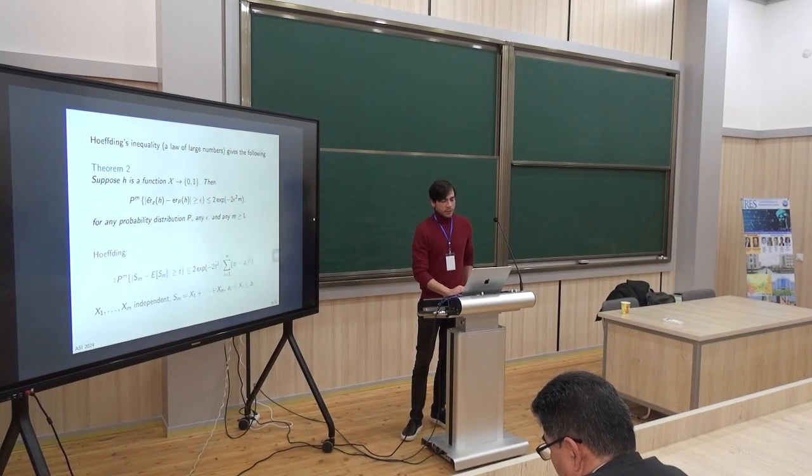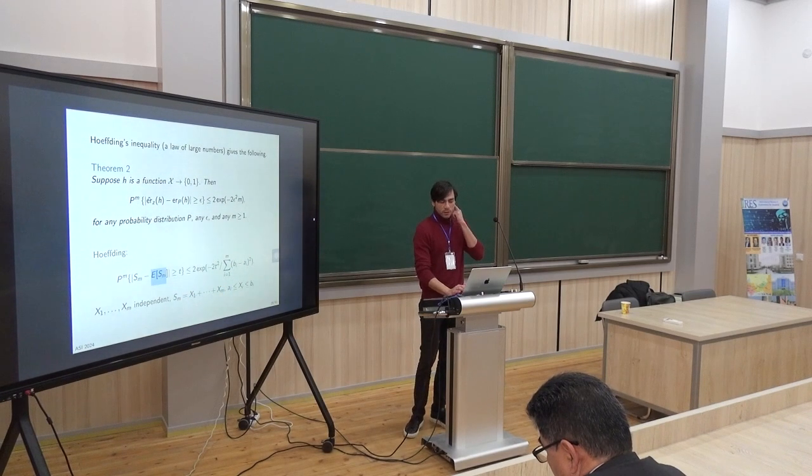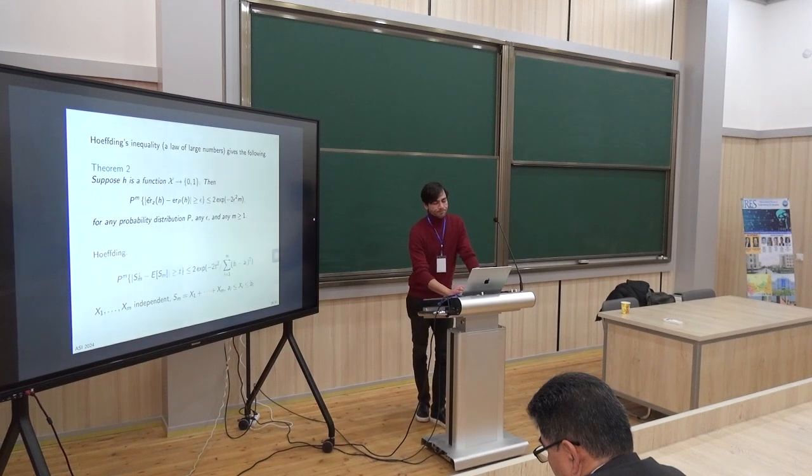So the statement is down here. Here S is the sum of a list of independent random variables x1 dot dot dot xm, and we compare that with the actual expectation value of such a sum. Then the probability that this is bigger than t is going to be less than or equal to the exponential of some negative t squared.